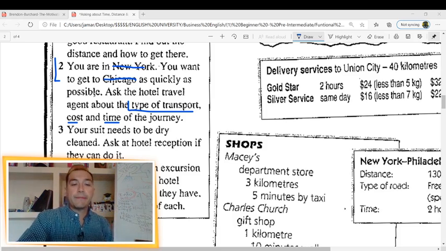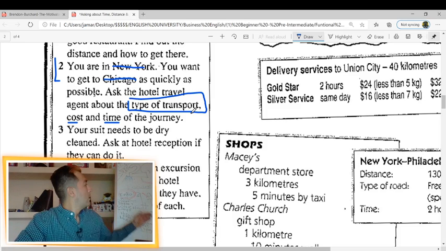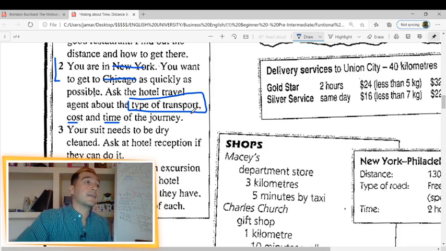Next, auxiliar. Do? Okay. What type of transport do? Next, we need the subject. Can?